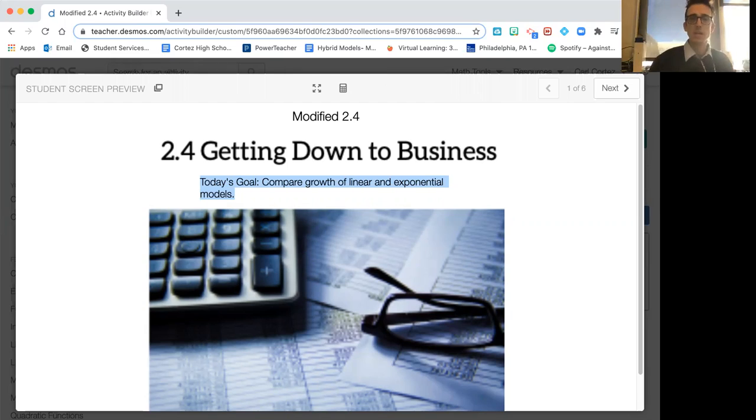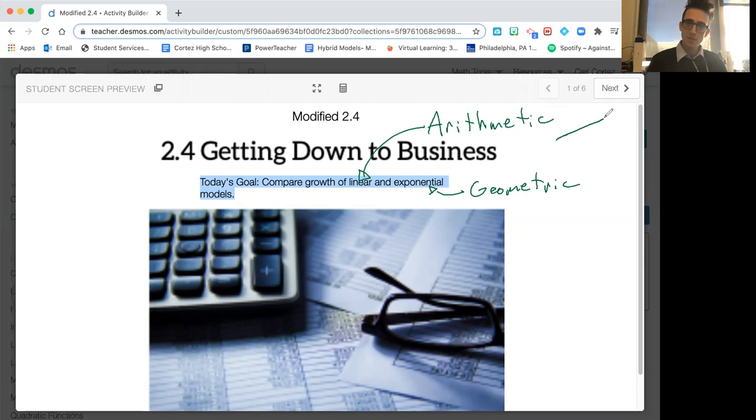The goal here is comparing growth of linear and exponential models. If you need a refresher, when we're talking linear, this is similar to module 1 when we were dealing with arithmetic sequences. Exponential is similar to when we were dealing with geometric sequences. Arithmetic or linear means that it can be graphed in a straight line, occasionally in y equals mx plus b form.